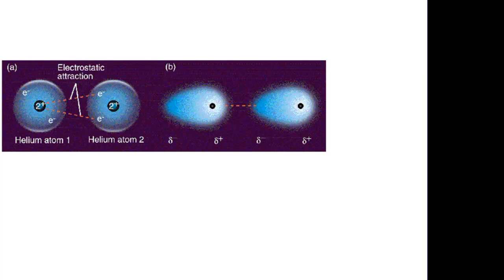The positive nucleus of one atom could be attracted to the electrons in the other atom, forcing those electrons onto this side of the atom, which would then, the repulsion of the electrons from one atom would force the electrons on the second atom to the other side, giving us a negative side and a positive side. This is what's known as an induced dipole. One atom forces the other atom into a dipole. It is very weak, which makes these attractions very weak attractions.